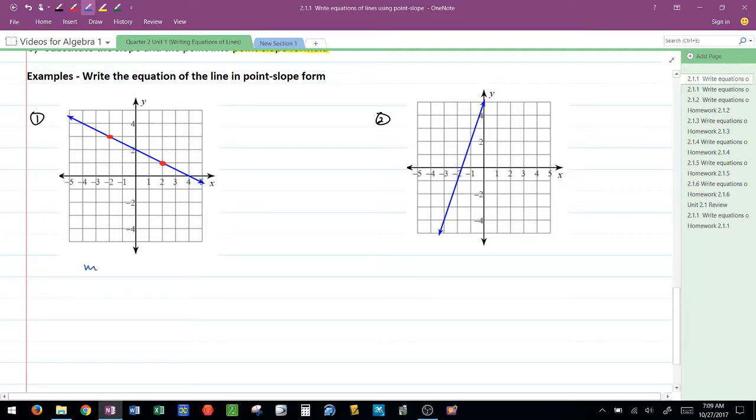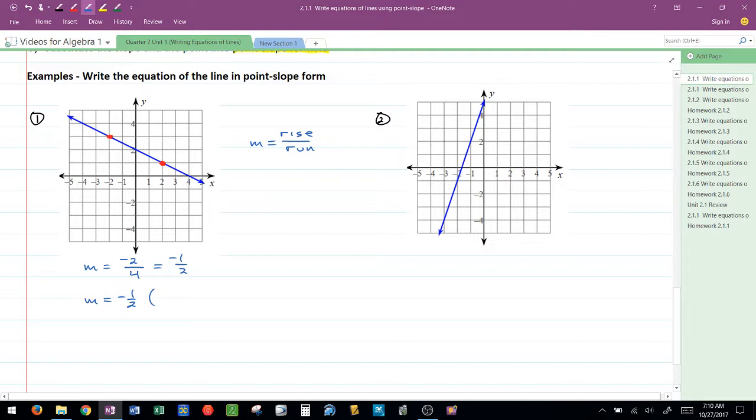So let's find the slope. For this, I'm going to use that secondary definition that we have called rise over run for slope. I know from this first point, I'm going to count down 1, 2. So down 2 over, count to the right, 1, 2, 3, 4, over 4 to the right. Simplify the fraction. I have a slope of -1/2.